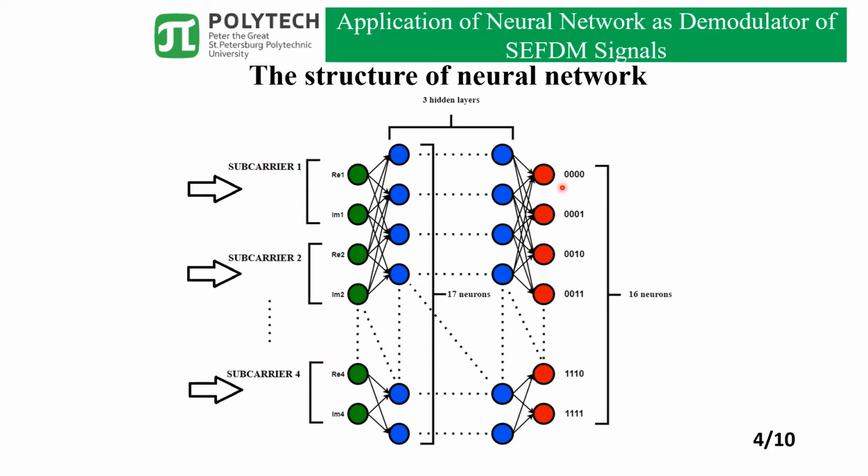Each output neuron encodes a bit sequence that is transmitted on the subcarriers. For example, if 4 information symbol zeros are transmitted on 4 subcarriers, then the response should be on the first neuron, which is equivalent to 4 symbols 0.